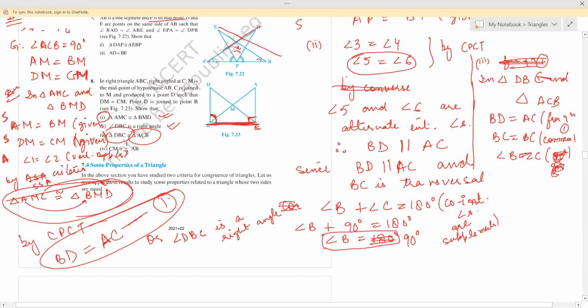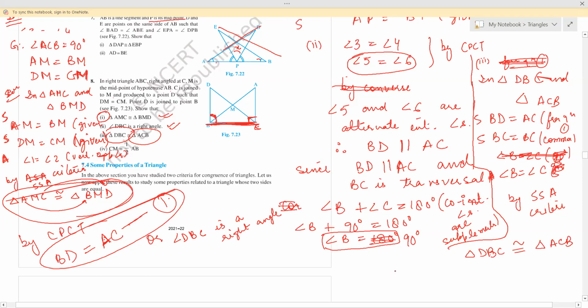Not given, I mean, we have just shown it. So we have one side, another side, and one angle. Which criteria does it become? By SSA criteria, the two triangles are congruent. Triangle DBC is congruent to triangle ACB.